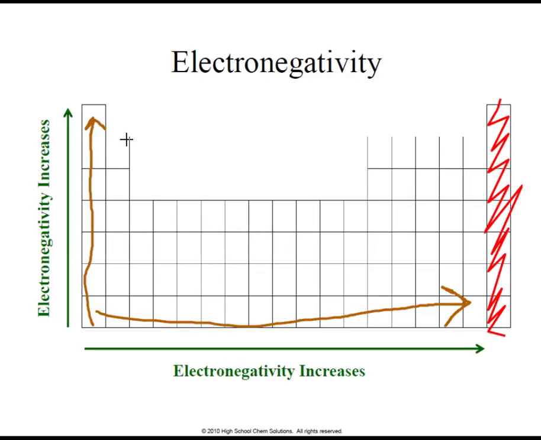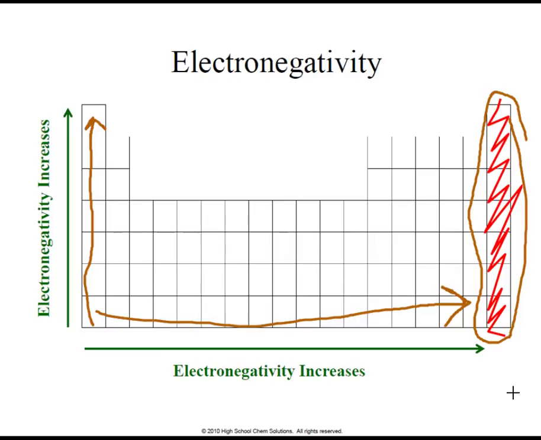Smaller atoms can attract the electrons to themselves more easily than large atoms. However, group 18 has no electronegativity values. Okay, they just don't exist because this group does not form a bond. And electronegativity occurs within a bond as the atom attracts the electrons to itself.